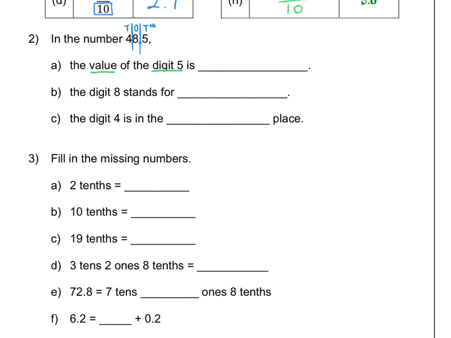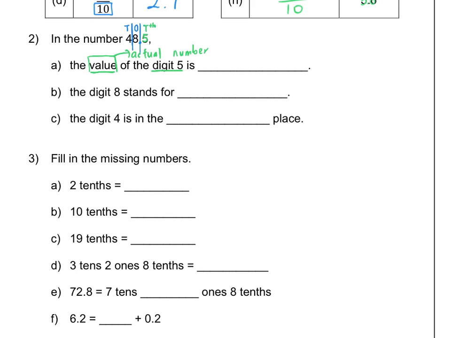question 2A wants you to write down the value of the digit 5. So we zoom into digit 5, we focus on 5/10. What is the value? Value means the actual number. What is the actual number of 5/10ths?